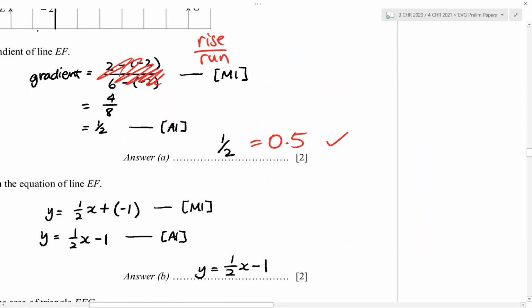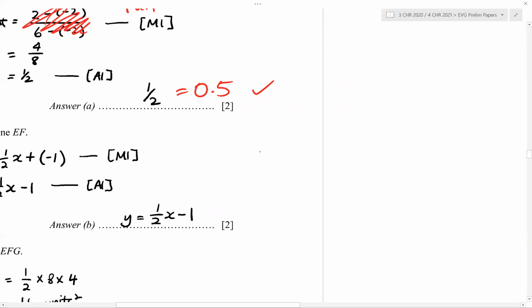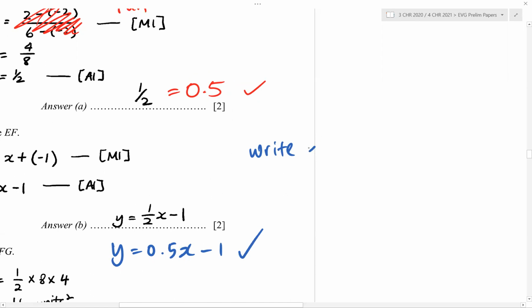All right. So I'll just write down another question, a short one. Y equals to 0.5x minus 1, also correct. Okay. Must write y. Equation must have something equals something.